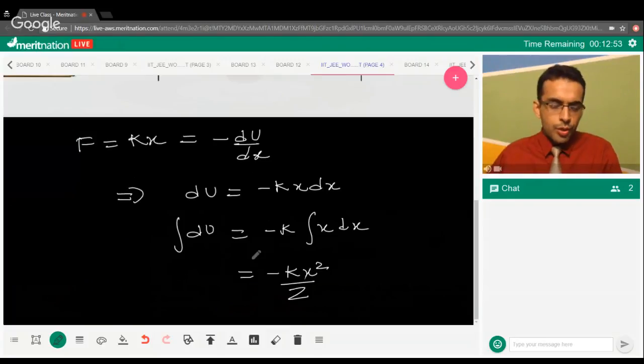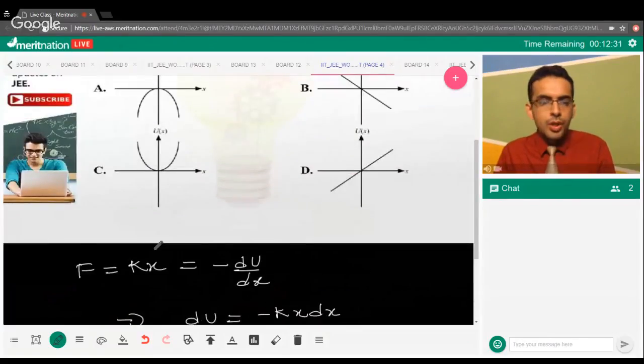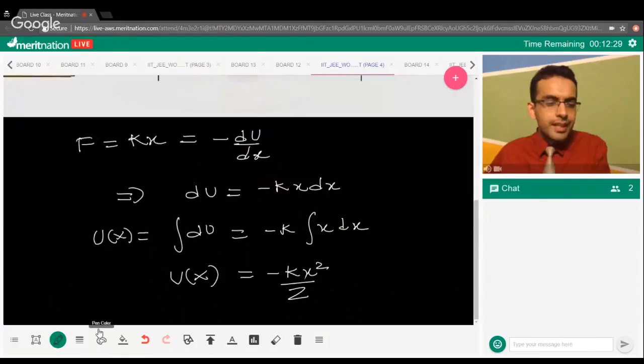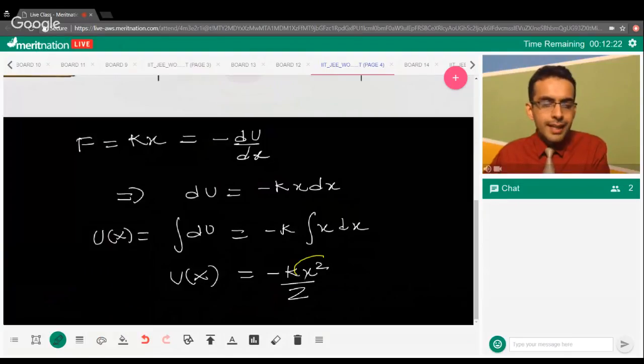That is equal to minus kx square by 2. So students, what do we get from this integration? We get U as a function of x: U(x) is equal to minus kx square by 2. This is the equation of a parabola, because x square is there.